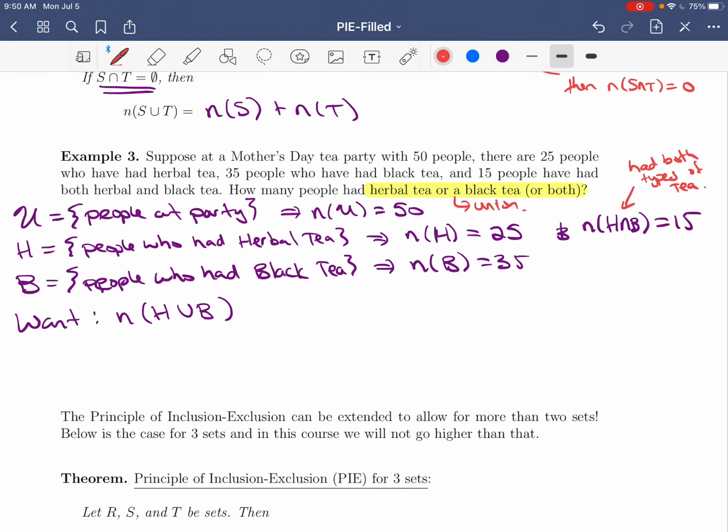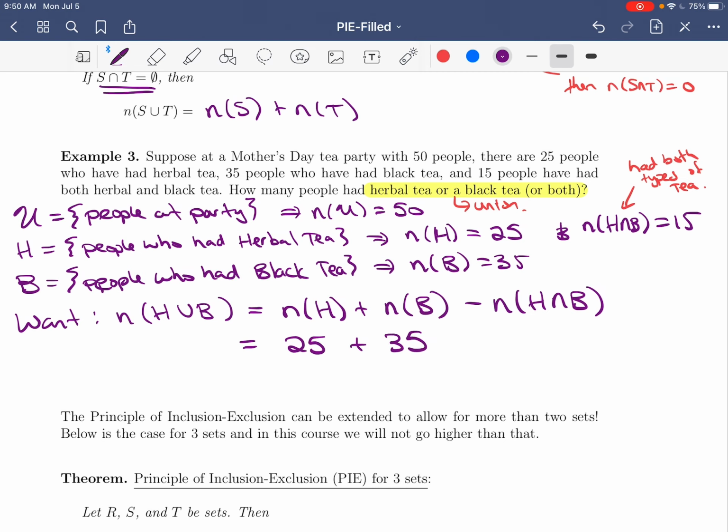We can do this using the principle of inclusion-exclusion. Using that, this should be the number in H plus the number in B minus the number in the intersection. And I have all of these things. So that's 25 plus 35 minus 15. So we get 45 in total.